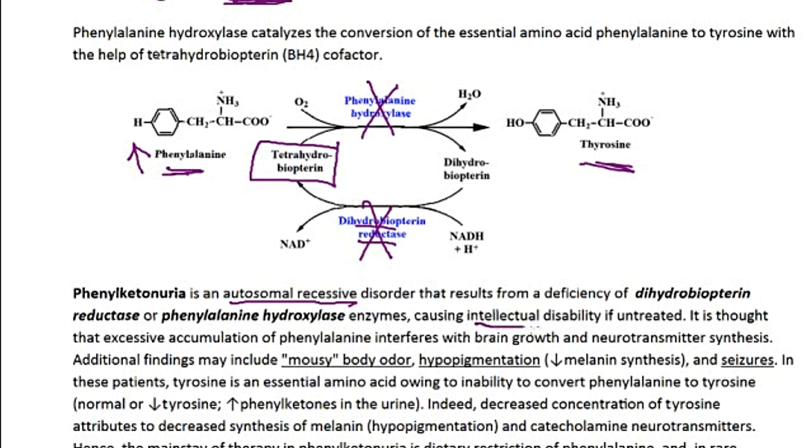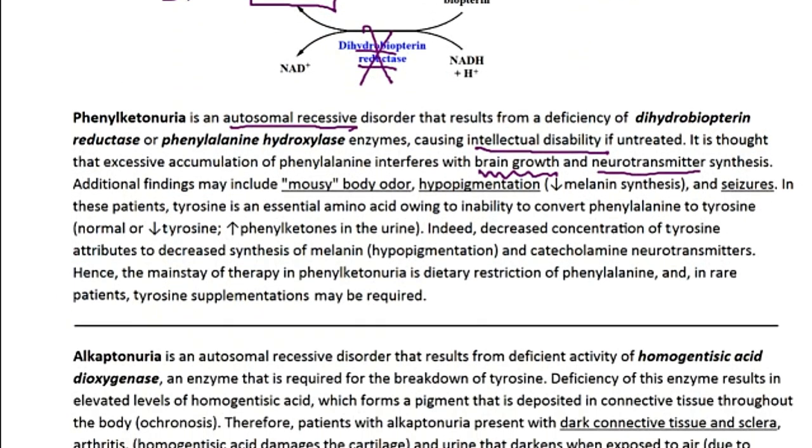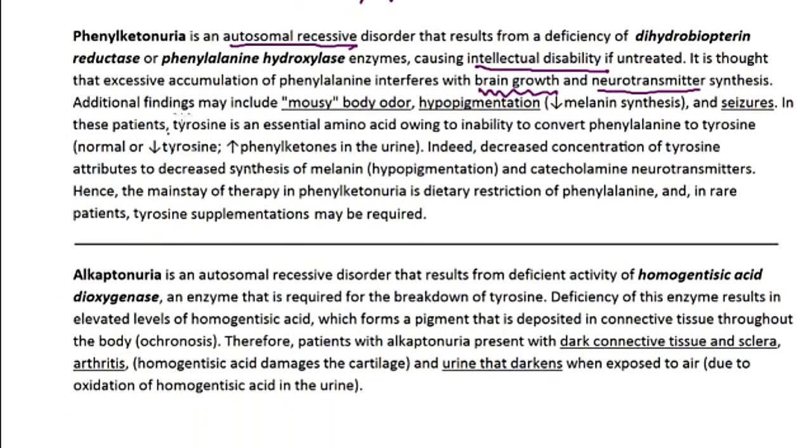These patients can present with intellectual disability, which is thought to be due to inhibited brain growth or decreased production of the neurotransmitters. Other characteristic features of this disorder are mousy body odor due to the accumulation of metabolites, hypopigmentation from decreased melanin synthesis, and seizures.